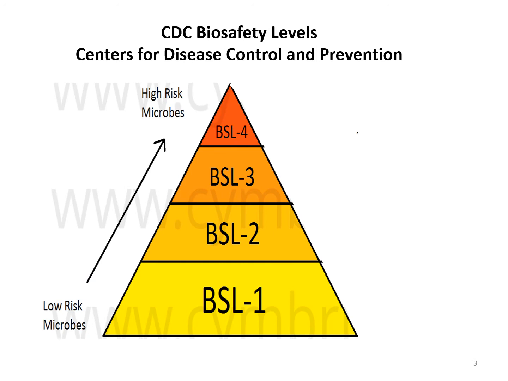In this picture, you can see the CDC biosafety levels, from the Centers for Disease Control and Prevention. BSL1 shows low-risk microorganisms, BSL2 is higher, BSL3 is higher still, and of course BSL4 has high-risk microbes.